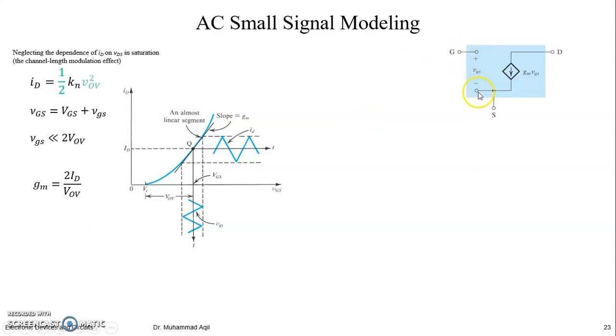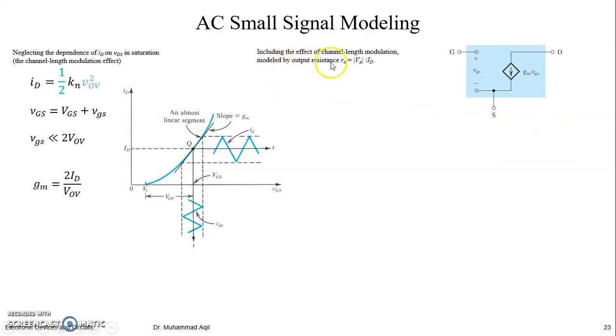It means we have an infinite resistance. And the same thing, from drain to source, a current source would be generated for a constant value of VGS. As VGS increases, this current will increase. As VGS decreases, this current will decrease.